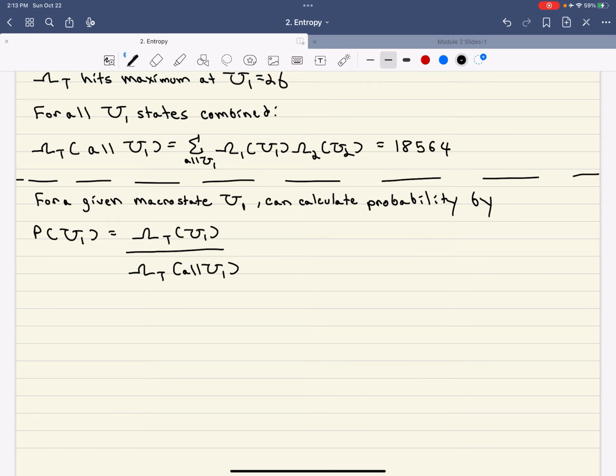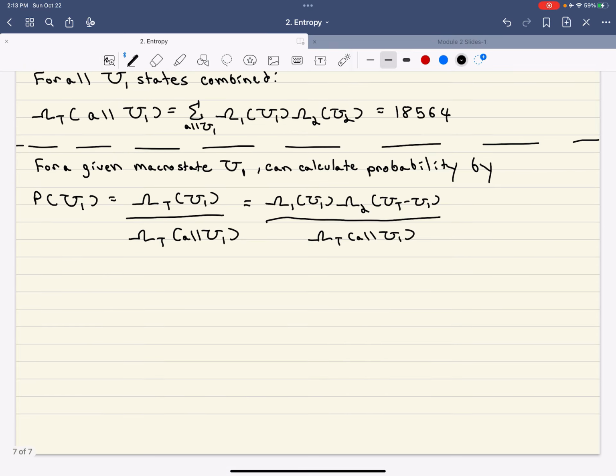In any case, we know that the omega total here, we could rewrite it like this in terms of omega 1 and omega 2. And this is just still divided by omega t for all of U1. So that's how we would calculate the probabilities.